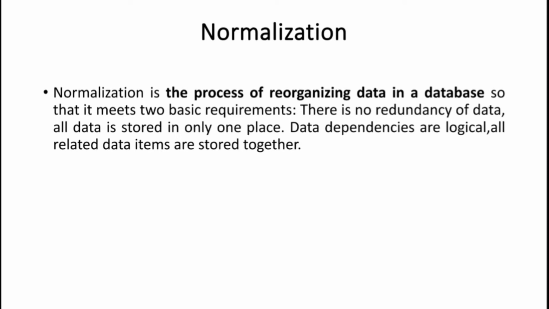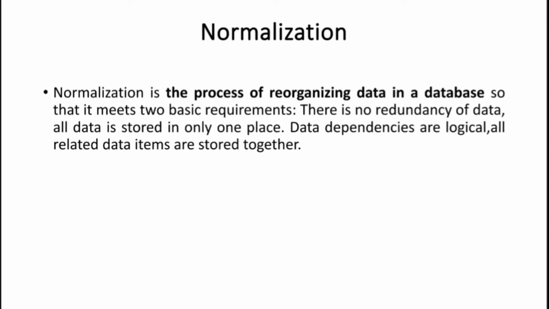The second requirement is that all the related data should be stored together. That means, for example, if I want to make any changes to my data, assume that I am changing the data related to an employee in the accounts department. Once I change it in the accounts department, it should be automatically reflected in the transport department also. No need to change the data in every place, right?